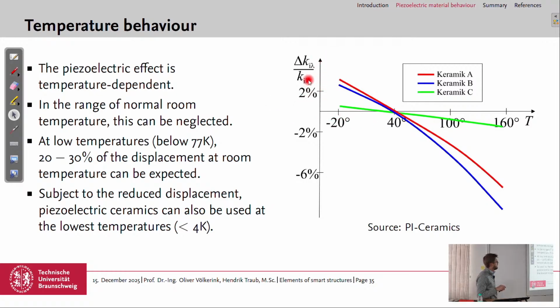Similar diagram, but now with the variation of the coupling factor normalized by the coupling factor at 40 degrees. Again, at low temperatures, we have not much displacement left. Here the text is wrong. It's from the slide before, but you can see there is a difference. So the coupling factor is also affected by temperature.